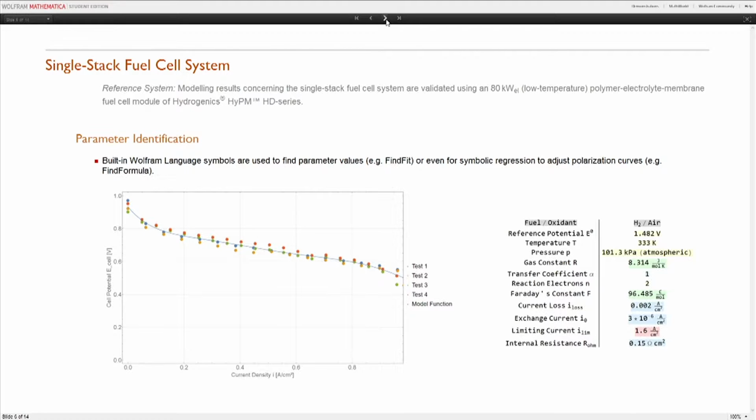Here are the parameters. The fuel and oxidant I chose because of the type of fuel cell, and then the reference potential is quite clear because of the reaction between hydrogen and oxygen, and you can see that many of these parameters can be directly found by Mathematica by fitting, or are also included already in Mathematica, like the gas constant or Faraday's constant, which is quite nice because it also is able to provide a kind of dimension checking for you.